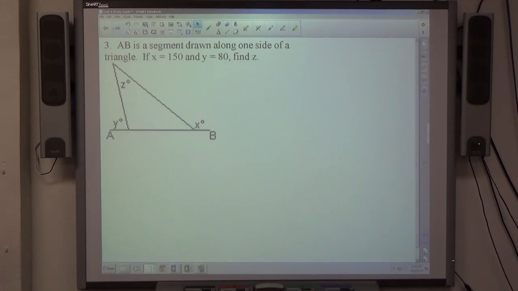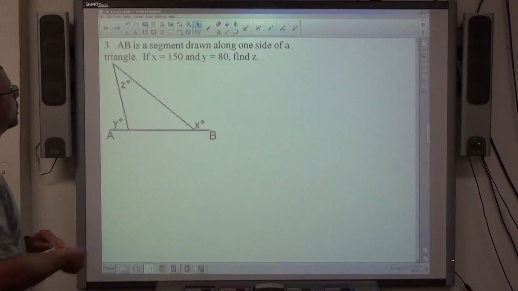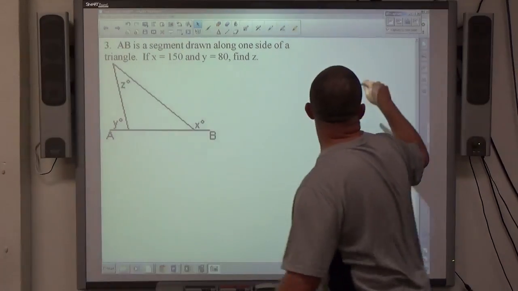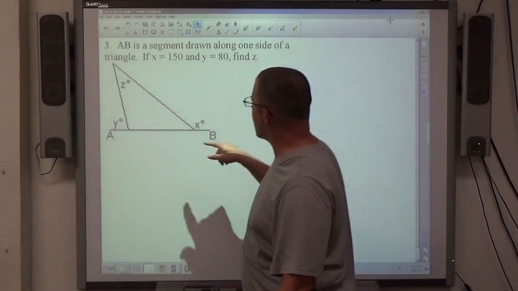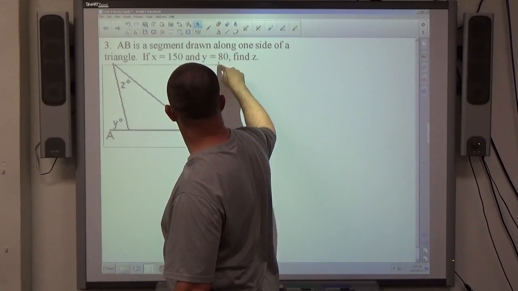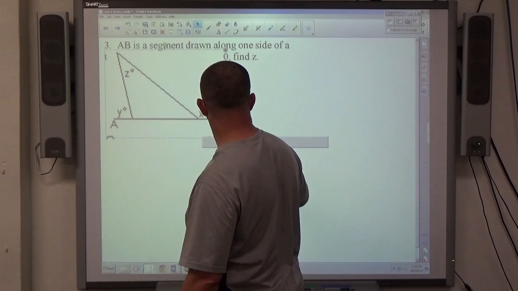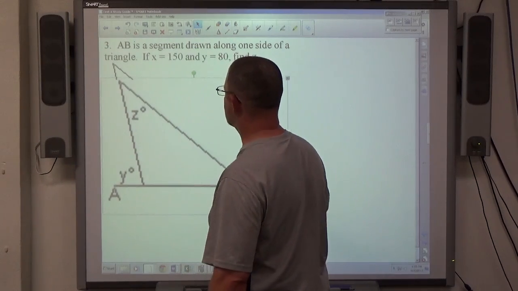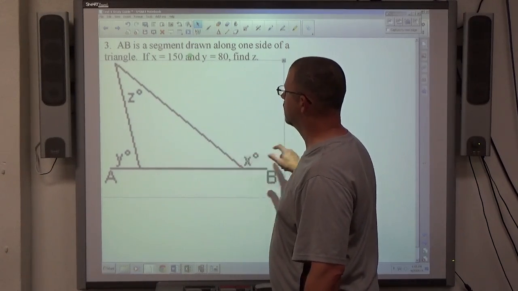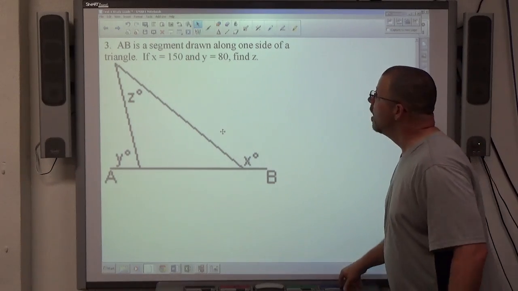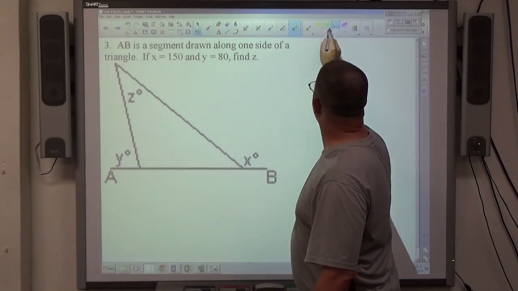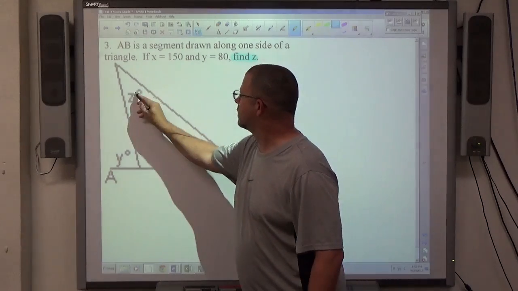Number 3, AB is a segment drawn along one side of a triangle. If x equals 150 and y equals 80, find z. Let me make this a little bit bigger. All right. My directions are very clear to find z, which is right here.